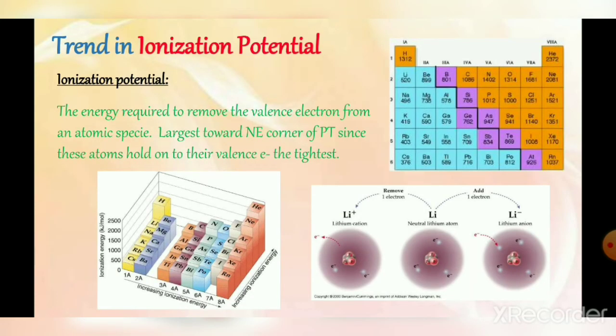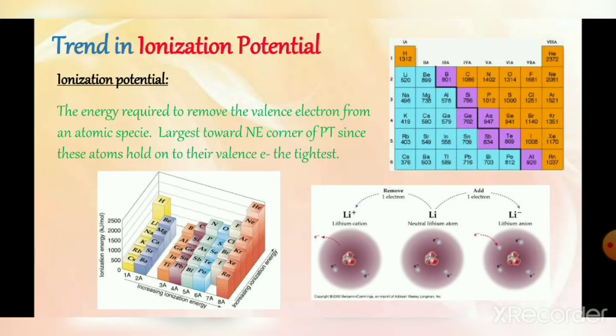Now, trends in ionization potential we are going to see in detail. Ionization potential is nothing but the energy required to remove a valence electron from an atomic species. It is largest toward the corner of the periodic table, where these atoms hold on to their valence electrons the tightest.